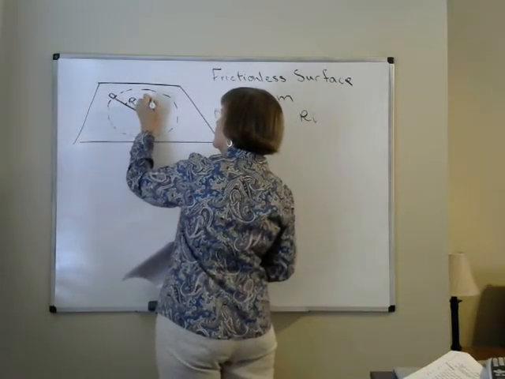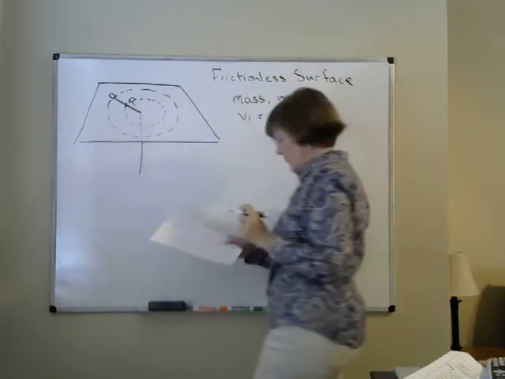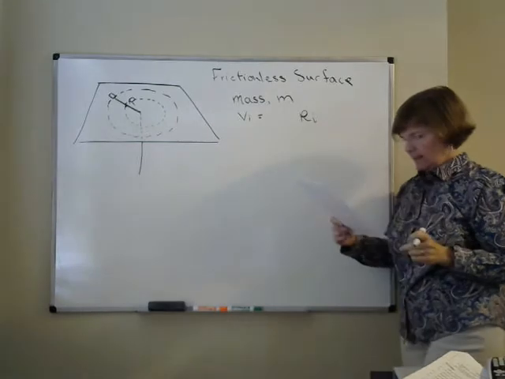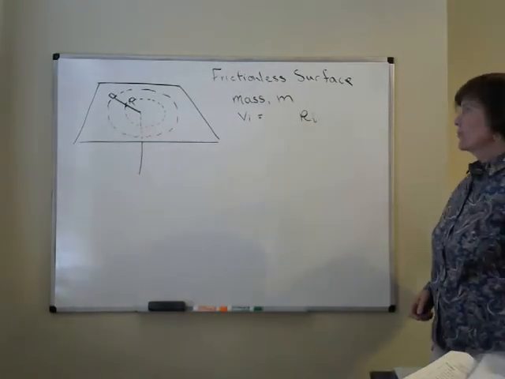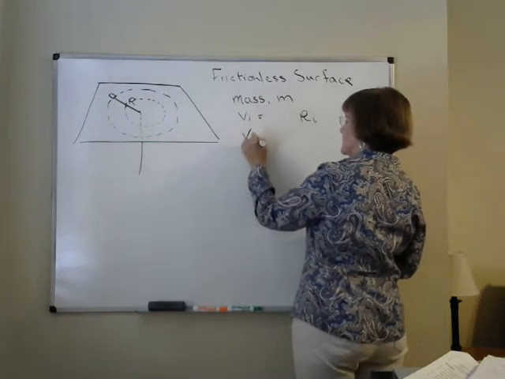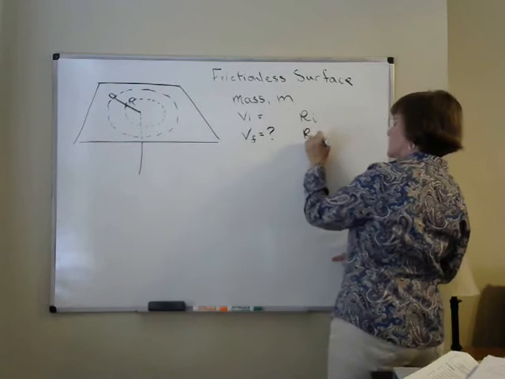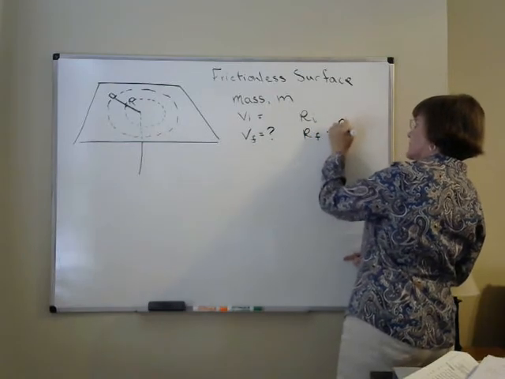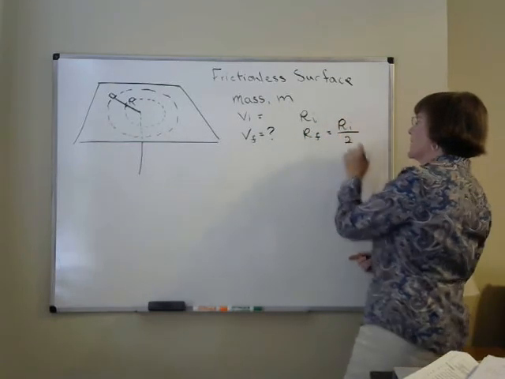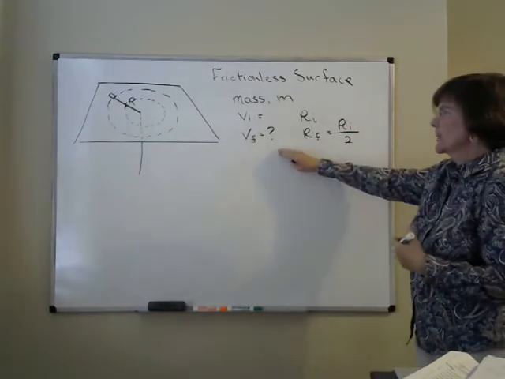Suppose you shorten it to half of its original. How is that going to change this speed?